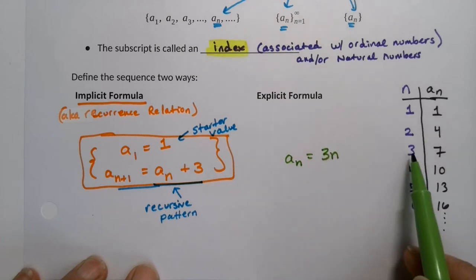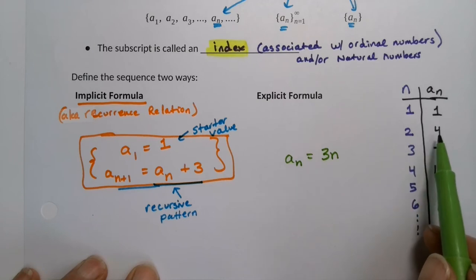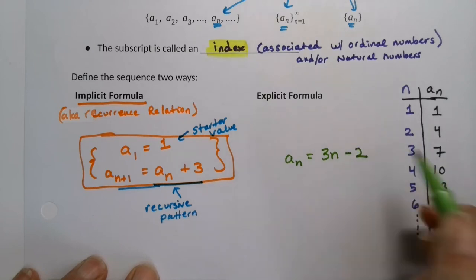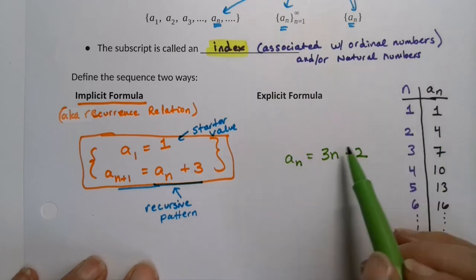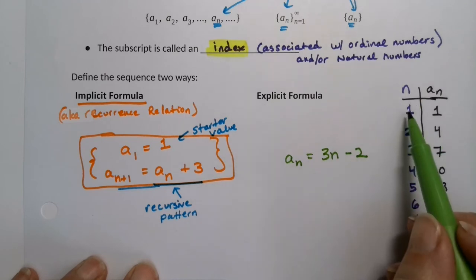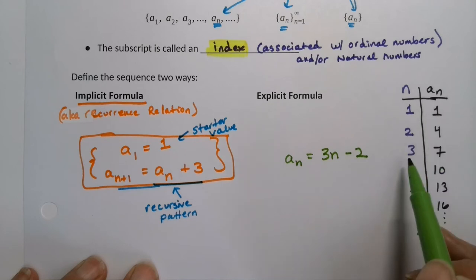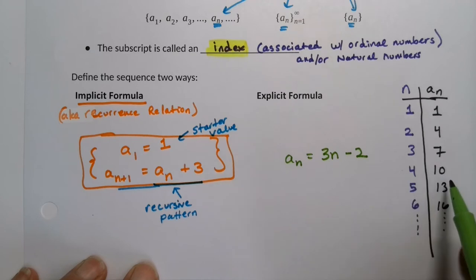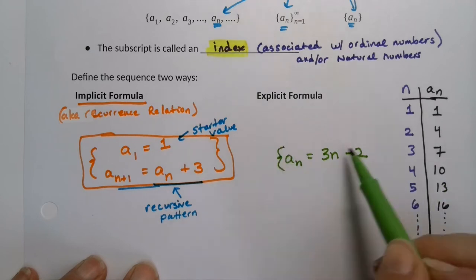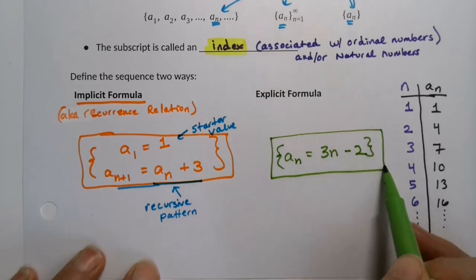Because 3 times 3 is 9. 2 times 3 is 6. They're not quite right because I have to subtract 2. Right? That would work. So 3 times 1 minus 2 would be 1. 3 times 2 is 6. 6 minus 2 is 4. 3 times 3 is 9. 9 minus 2 is 7. 3 times 4 is 12. 12 minus 2 is 10, and so on. And you put curly braces around it. And that's your explicit formula.